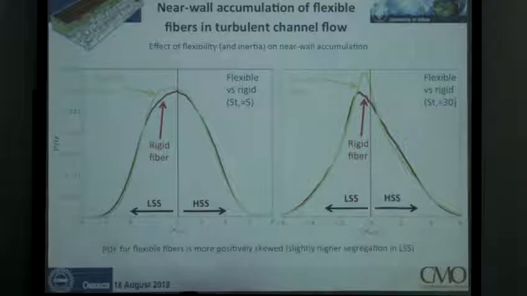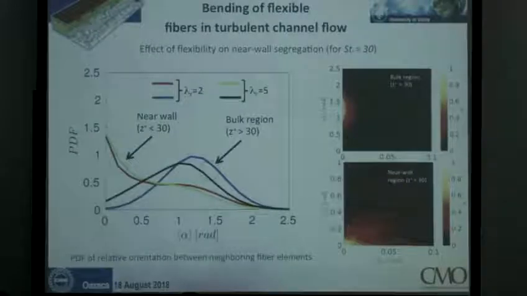And as you can see in both cases, the PDF of the flexible fibers, again in green, seems to be a little bit more positively skewed and shows higher probability of segregating in the negative semi-plane, so into the low speed streaks. So there is no qualitative effect of deformability on the behavior of the fiber near the wall, but only quantitative effects, as probably could be expected.